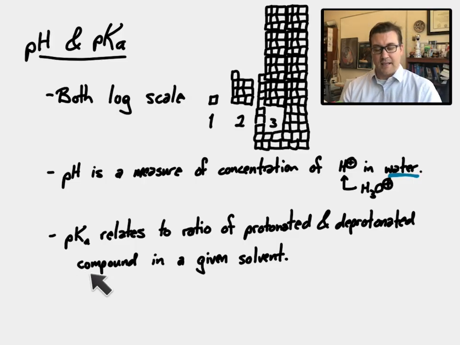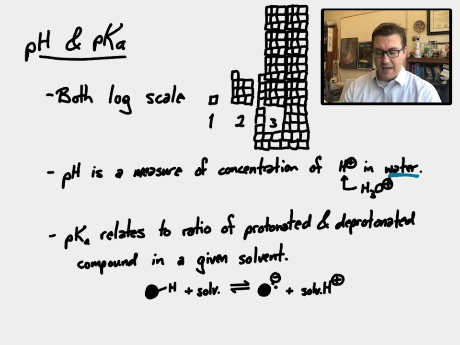pKa instead relates the ratio of protonated and deprotonated compounds in a given solution. If we look at an equation for that, you have a given compound in the presence of some solvent, and that solvent can abstract the proton. It can act as a base and abstract the proton from that acid to give you this conjugate base, and now the protonated solvent.